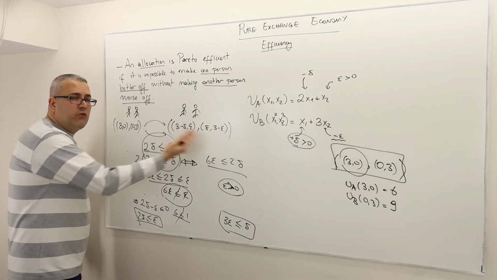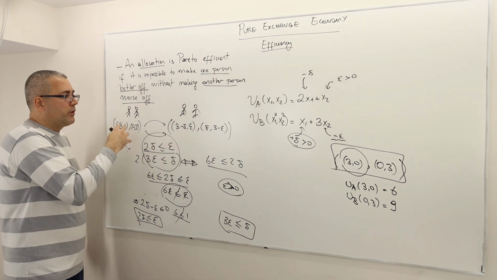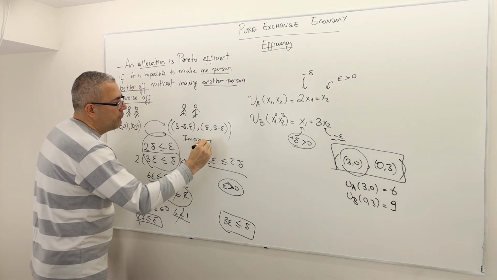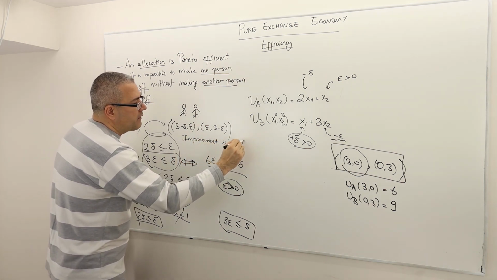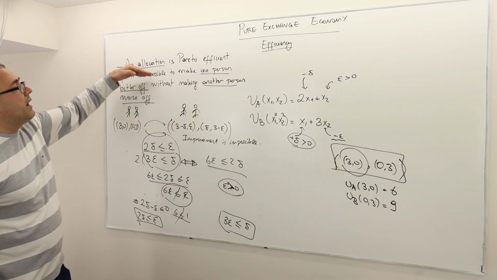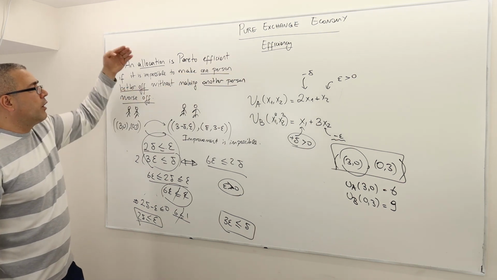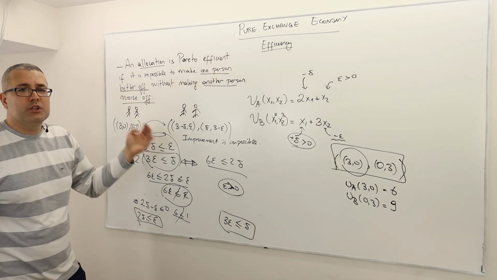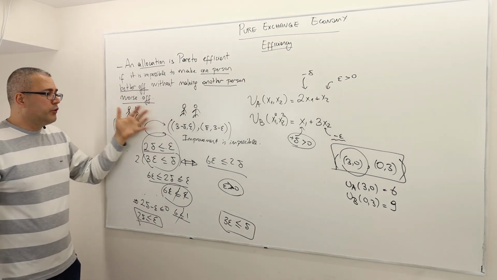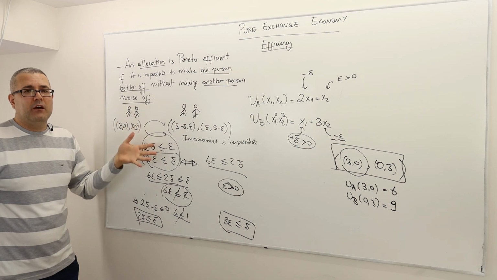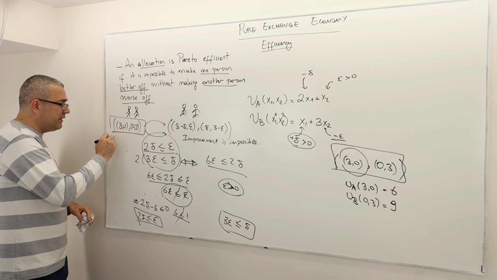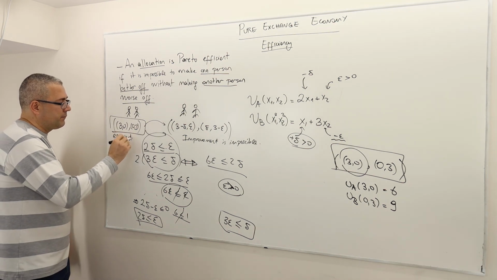Therefore, any improvement is impossible. What does that mean? That means it is impossible to make one person better off without making another person worse off. So given that this is the allocation, it's impossible to improve both Anita's and Bob's utilities. That means this allocation is in fact efficient.